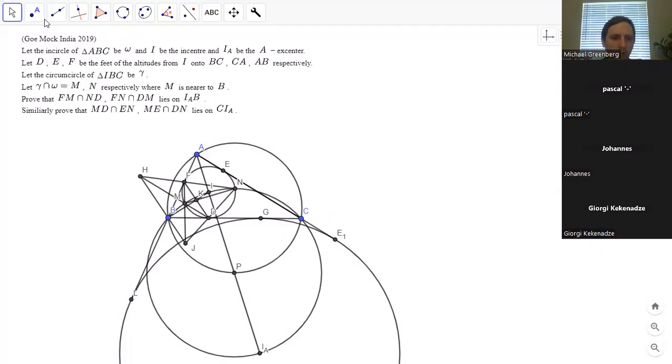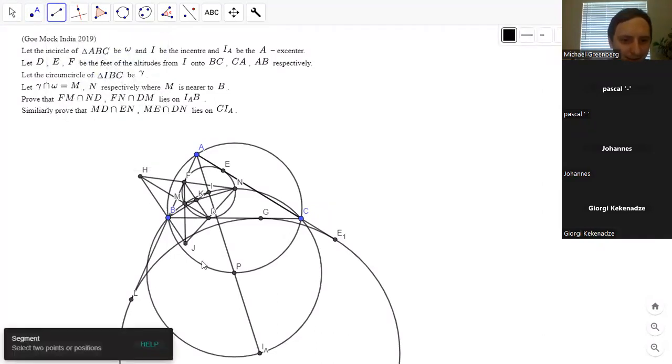Then where do you go from there? I prove that MIA is a tangent to the circle, and so is NIA. Since IA lies on the polar of K and we already knew this was the polar of K, then they're all collinear. Yeah. I like it.